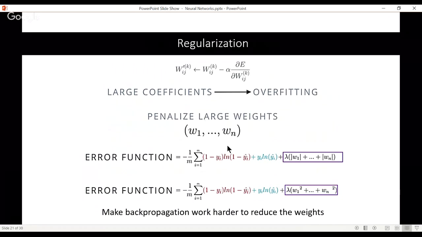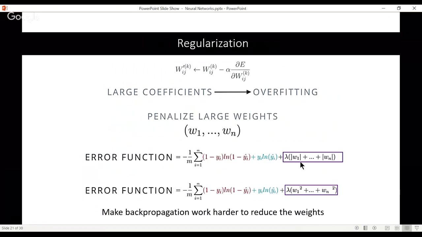So what we need to do is penalize the large weights in your network. How do we do that? We modify the error function so that the incremental term is a function of your weights. So if you have higher weights, your error will increase. These are two ways of adding the regularization term: L1 norm and L2 norm.